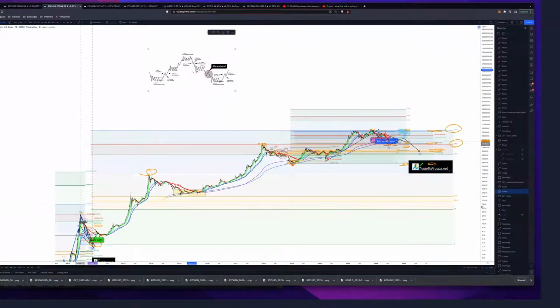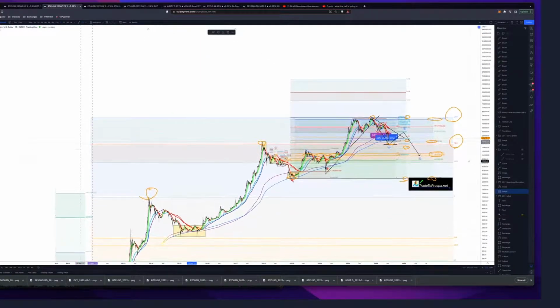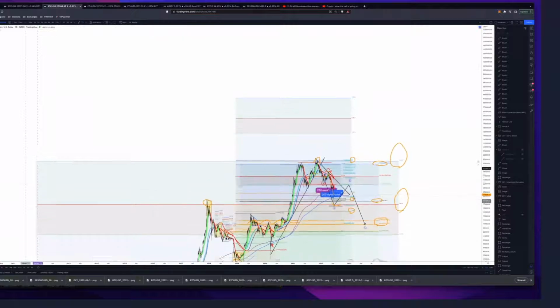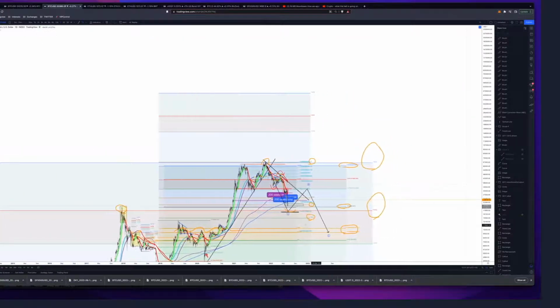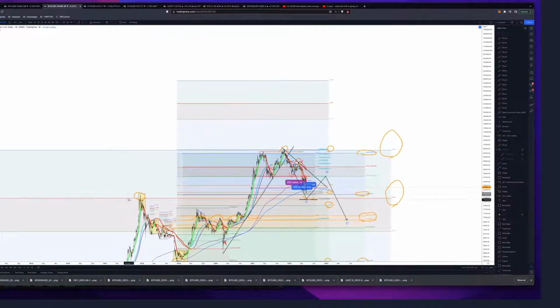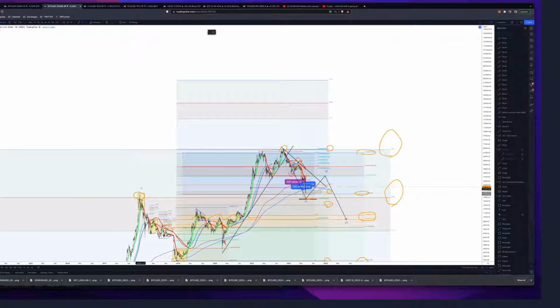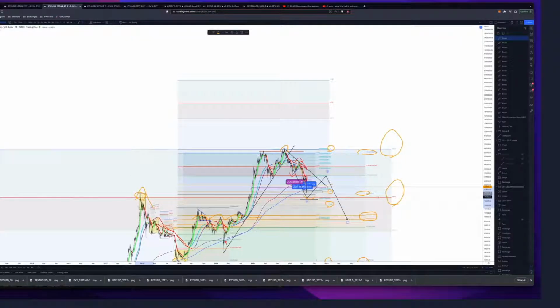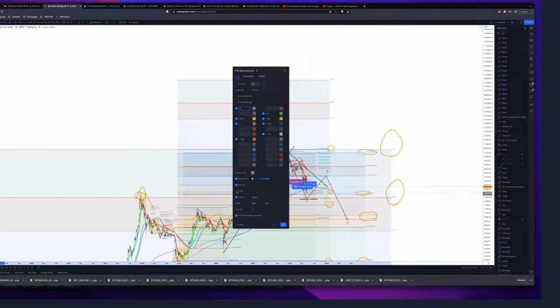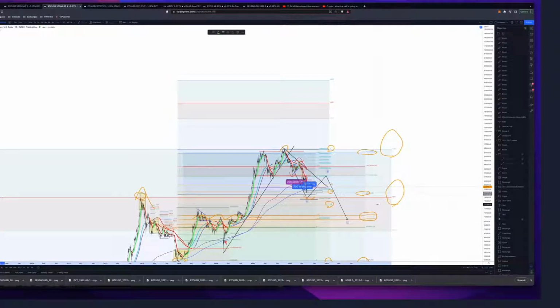And we're going to Fibonacci a fair bit. Now you can see the 1.414 also coincides with that level there. However, it's not exact, is it? So if we look at the value of the 1.414, 17,800.